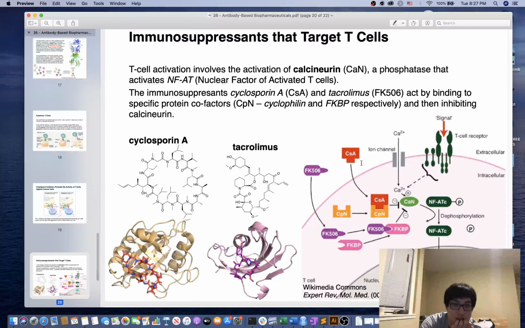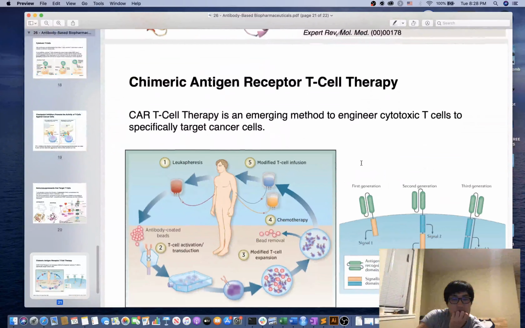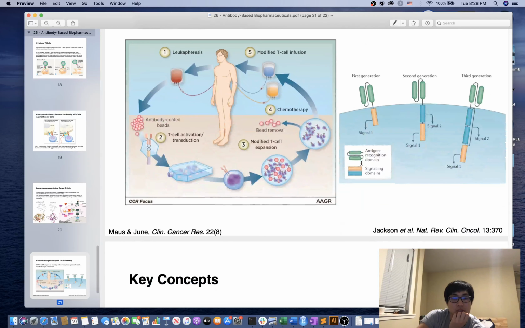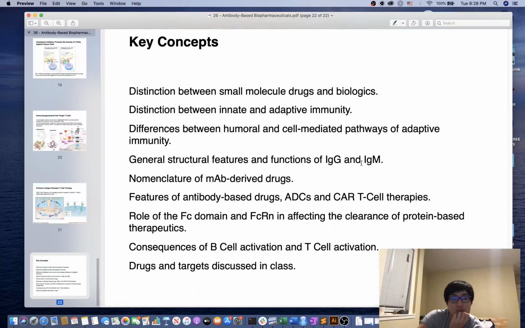Also, the HIV virus also targets the T cell. T cell therapy. Well, that's it.